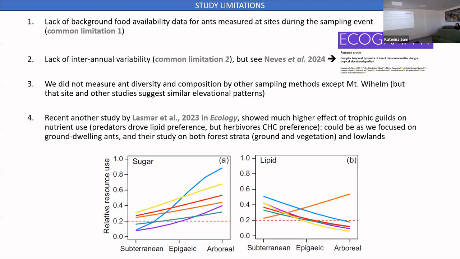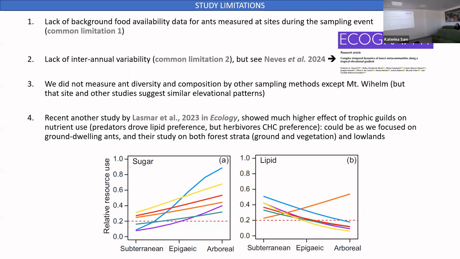Over 10 years, they sampled insects each year, and actually the fluctuation between years for insects and elevation patterns is quite random and quite dodgy. So we cannot completely exclude that this variance across seasons might actually vary between years.